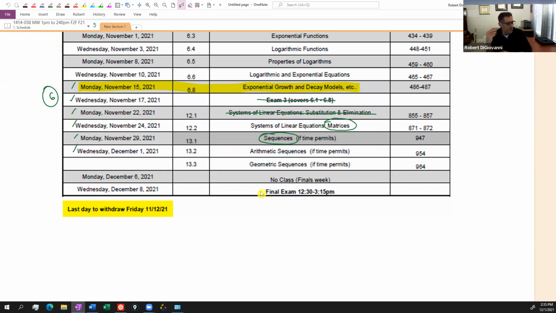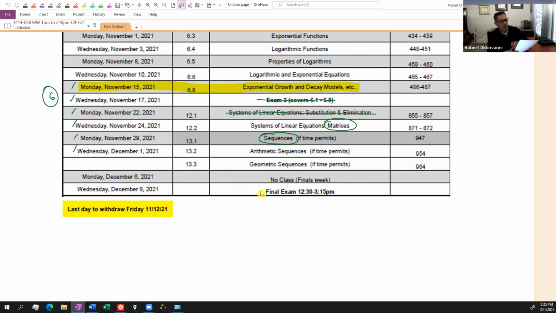You can also, for the test, create one reference sheet, 8.5 by 11 sheet of paper, front and back. You can type it up, you can write it, doesn't matter, with any hints, steps, procedures to do anything. You just can't have worked out problems. Don't take review problems and work them out and say that's your reference sheet.